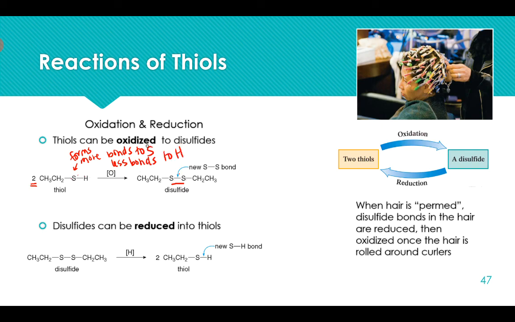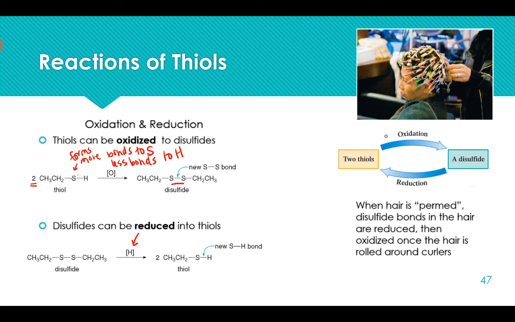We have to remember that sulfur and oxygen are in the same group on the periodic table, and so sulfur has properties similar to that of oxygen. So forming more bonds to sulfur is kind of like forming more bonds to oxygen. We can also take these disulfides and get them reduced, which is shown by this H here, into thiols.